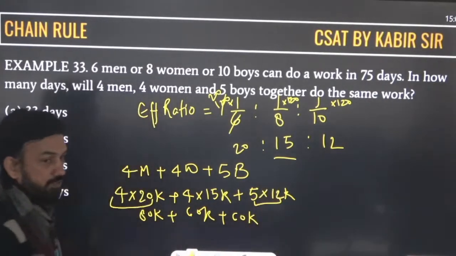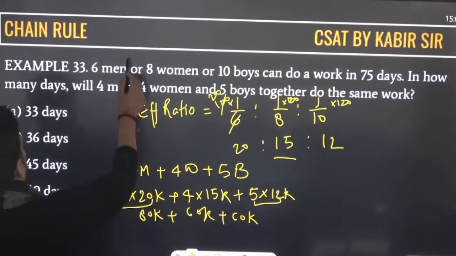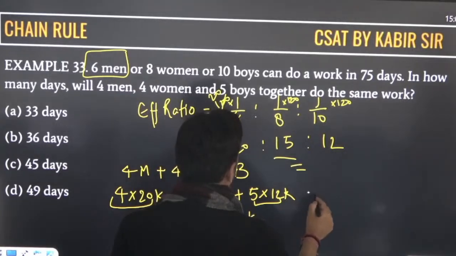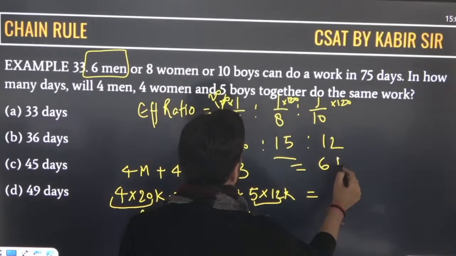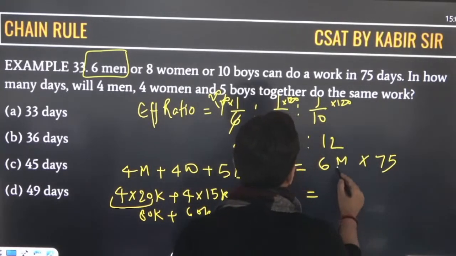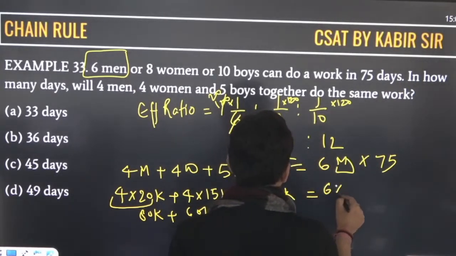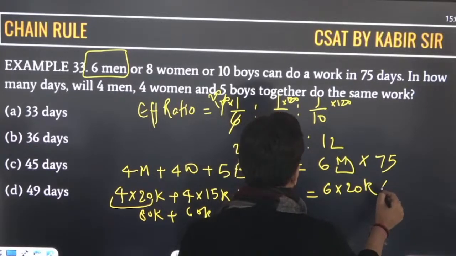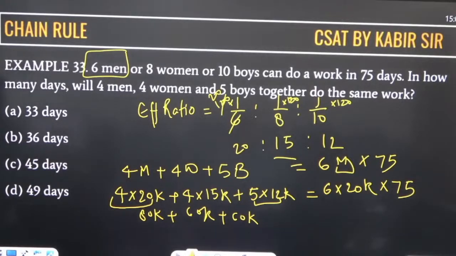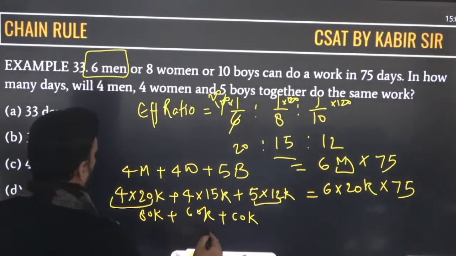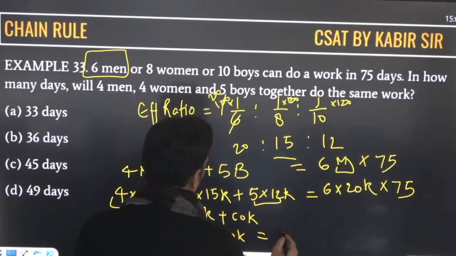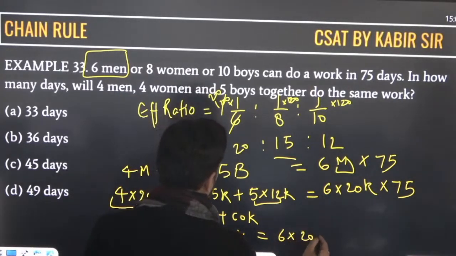So they can finish the work. And similarly, 6 men are also able to finish that work. So this work and this work are equal to what? 6 men, how many days are they working? They are working 75 days. So man efficiency is 20K. Right. So this will be 200K. This will be equal to this one, 6 into 20K.